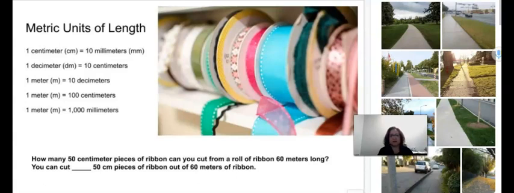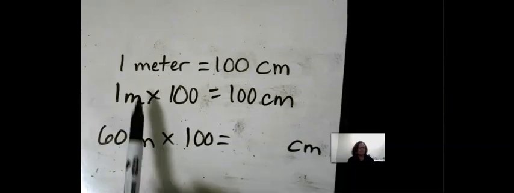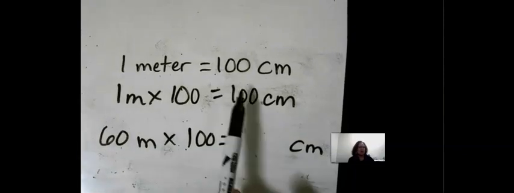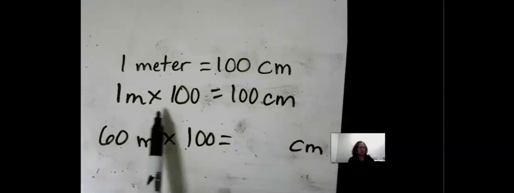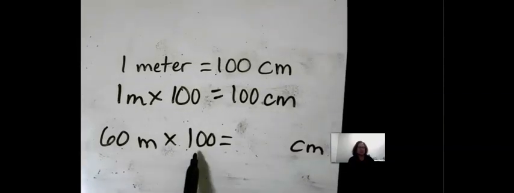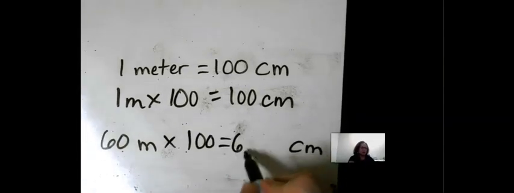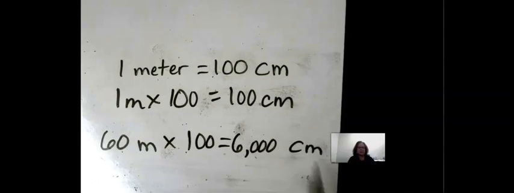So first of all, we need to convert meters into centimeters. 1 meter equals 100 centimeters. So 1 times 100 is 100. So therefore 60 meters times 100 is 6,000 centimeters.